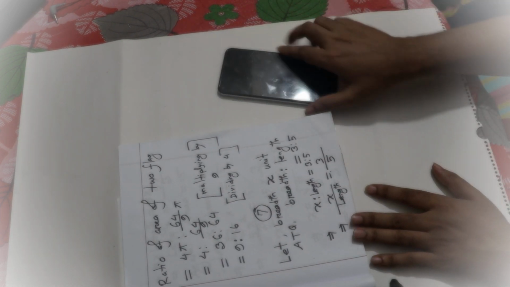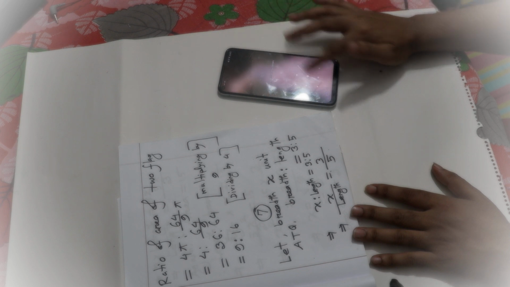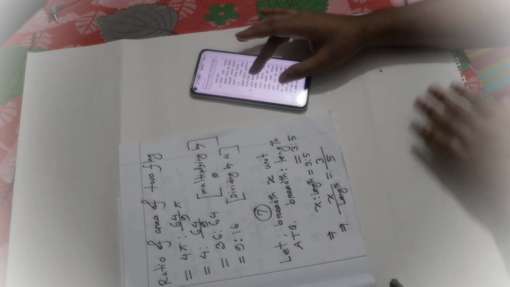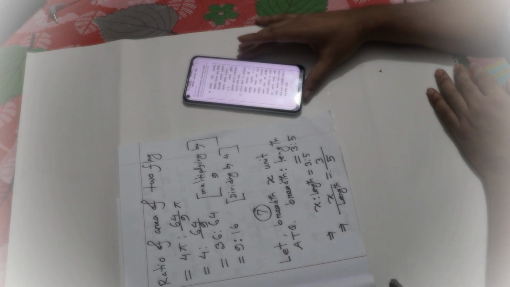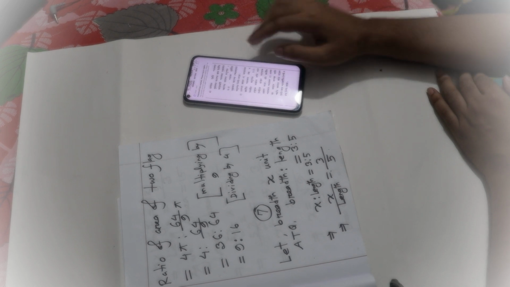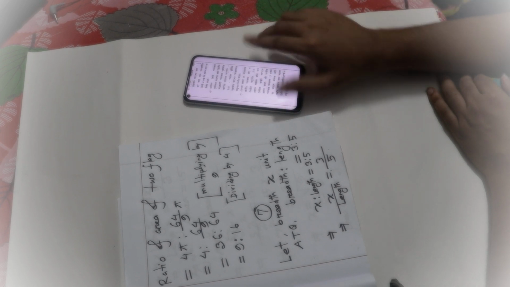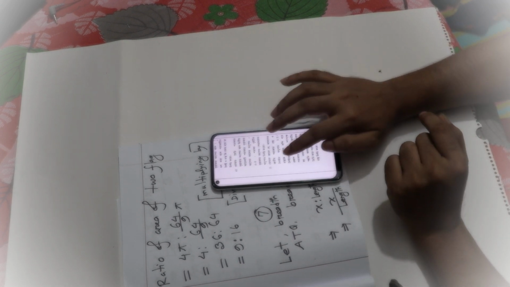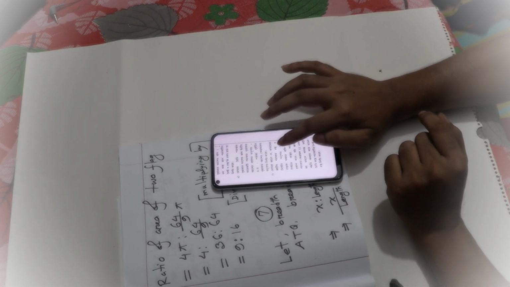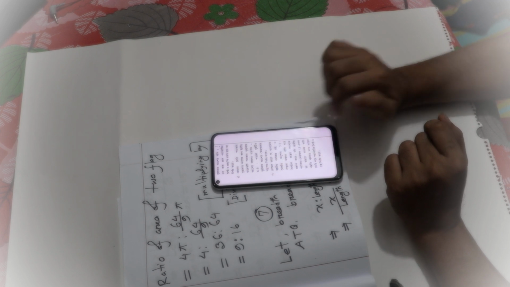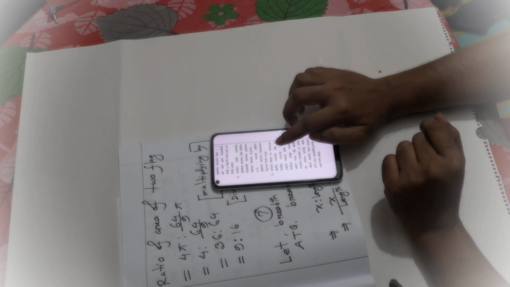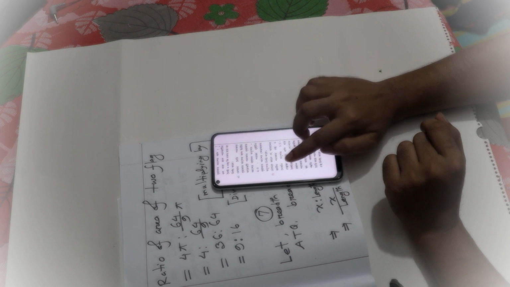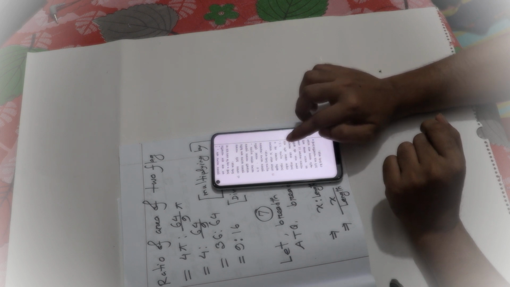Okay, the last one, number 7. In number 7, it is written the ratio of our national flag, length and breadth, length 3 ratio 5. Breadth ratio length 3 ratio 5.